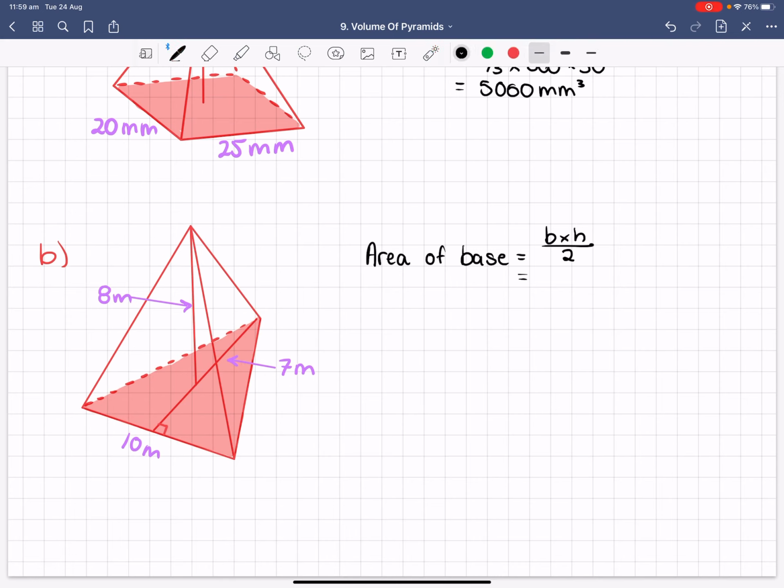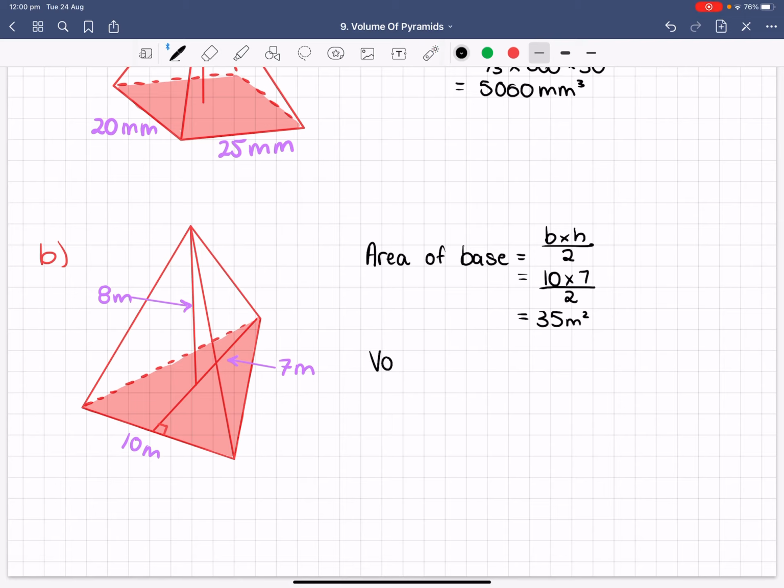So for the area of the base, we're going to go 10 times 7, and divide it by 2. And we get 35 meters squared. So that's the area of the triangular base.